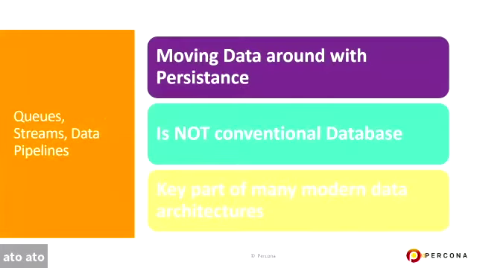Okay, so let's first start with queue streams and data pipes, which is not really your classical database, but that is important data plumbing, which moves the data around in the system. And that is actually a very important component of many modern data architectures, right?